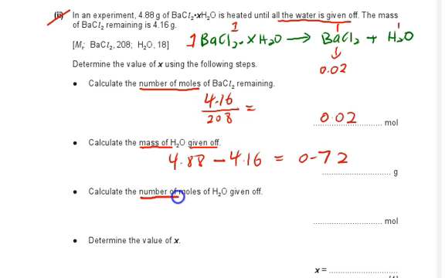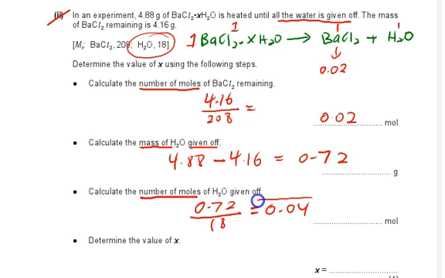So they're asking us to calculate the mole number. So here we take the mass and we divide with its RMM. So here we'll be getting 0.04. Okay, so this is the mole. So the mole over here will be 0.04.